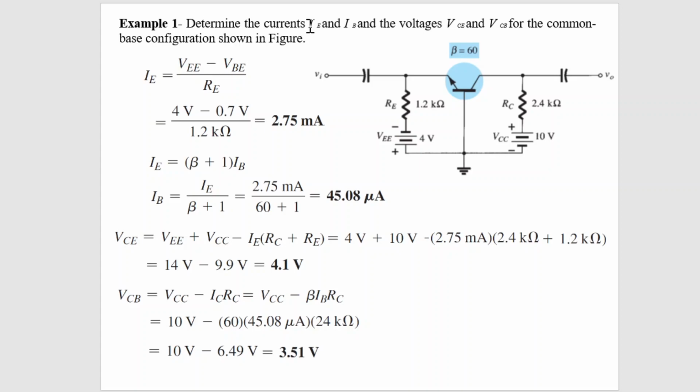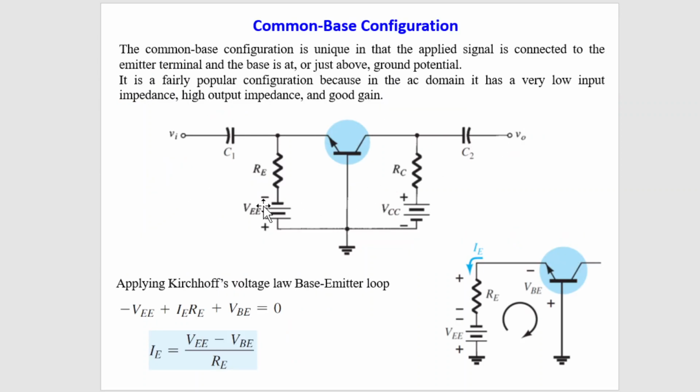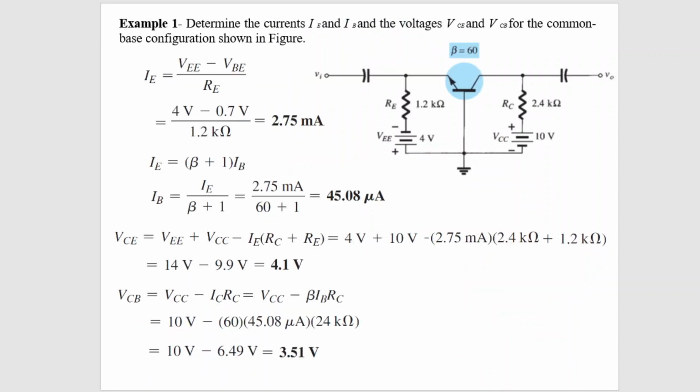Determine the currents IE and IB, emitter current and base current, and the voltages VCE and VCB for the common base configuration shown in the figure. This circuit is exactly similar to the circuit I have shown in theory, except that here I have given numerical values of emitter resistance, emitter power supply, collector power supply, and collector resistance, and the beta value is given.